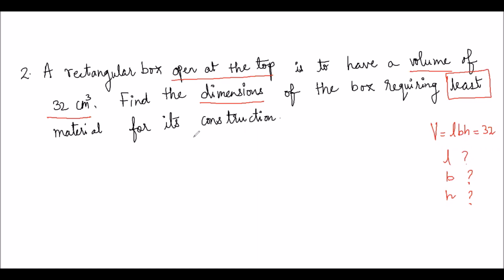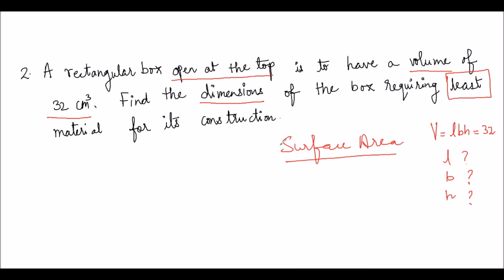Now, the material required for its construction depends on the surface area of this rectangular box. So we have to minimize the surface area, and corresponding to that minimum surface area, we will be having some dimensions. So we have to find out those dimensions of this rectangular box.